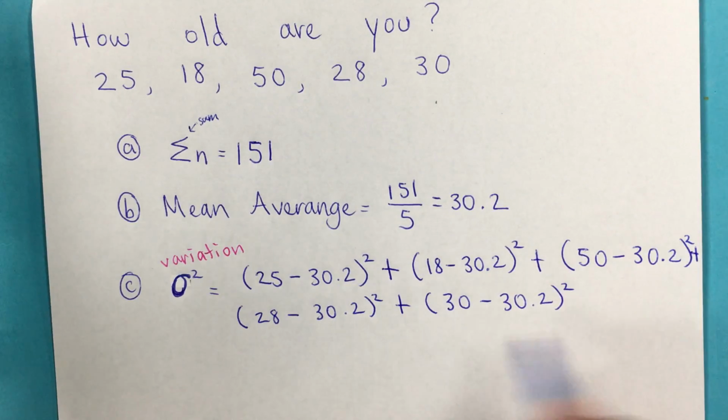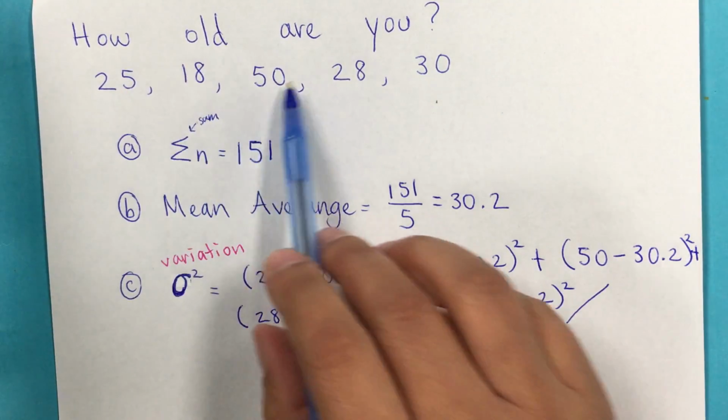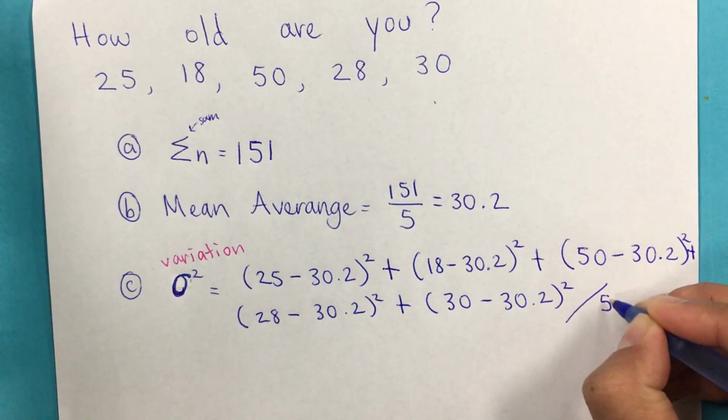And all of this, once we do the addition, we divide by the number of items. So it's going to be divided by 5.